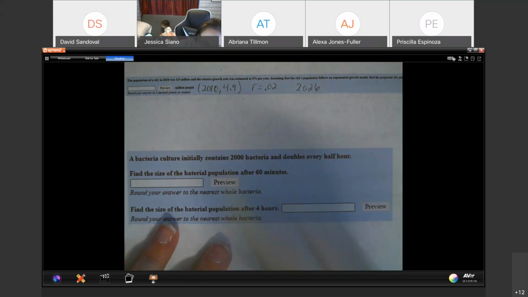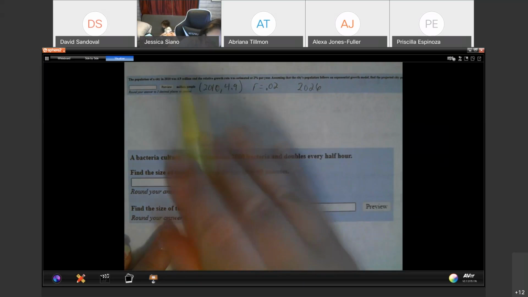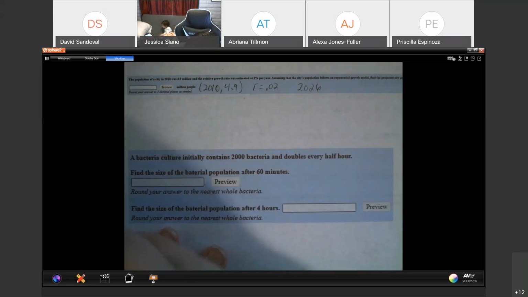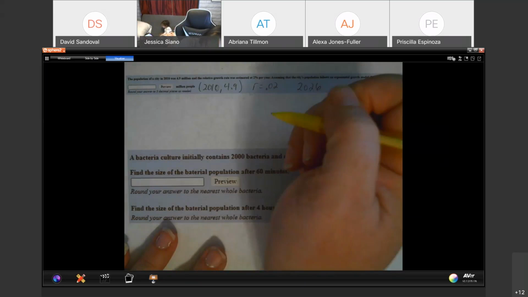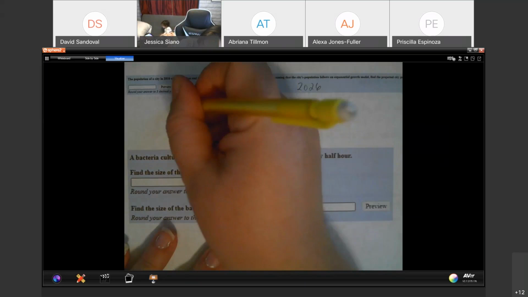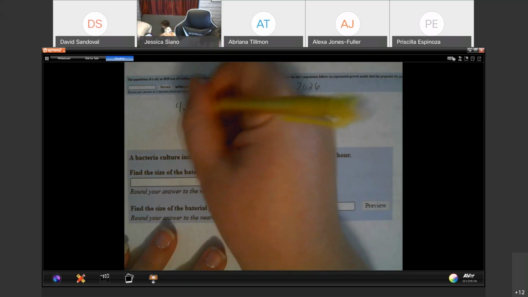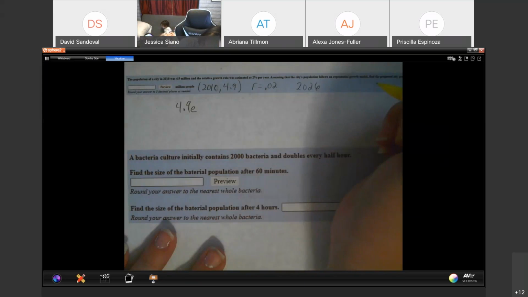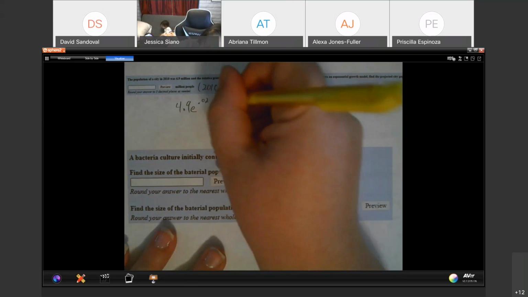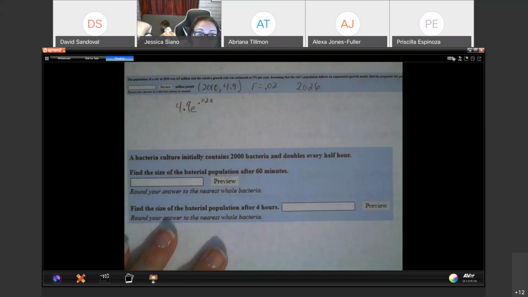So we'll use 2010 as my initial year. So then my population would be 4.9 e to the 0.02 x. That would be my function.